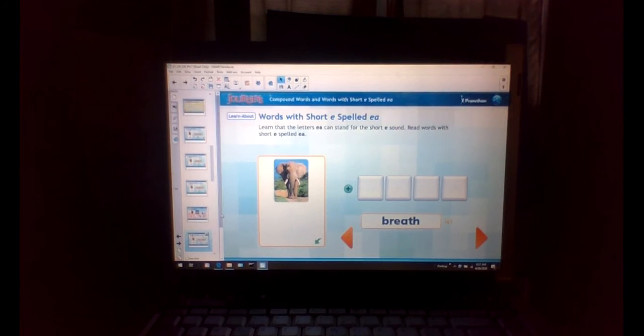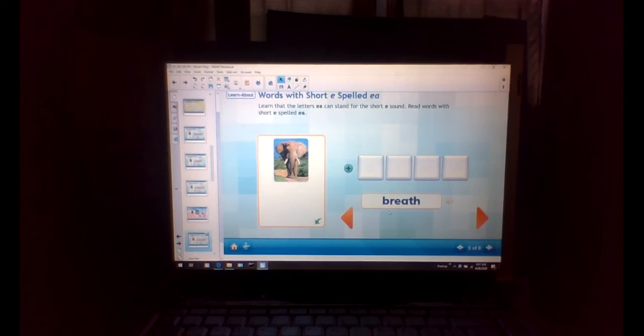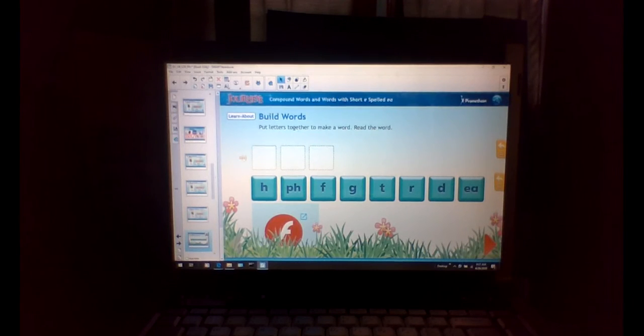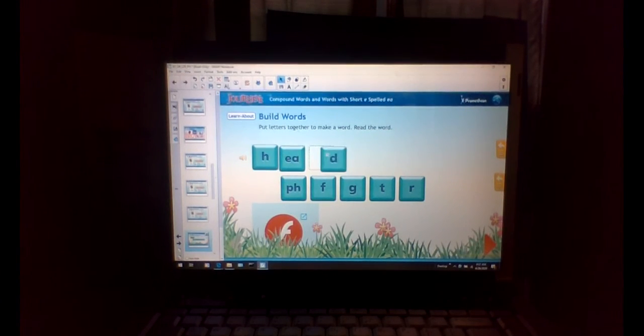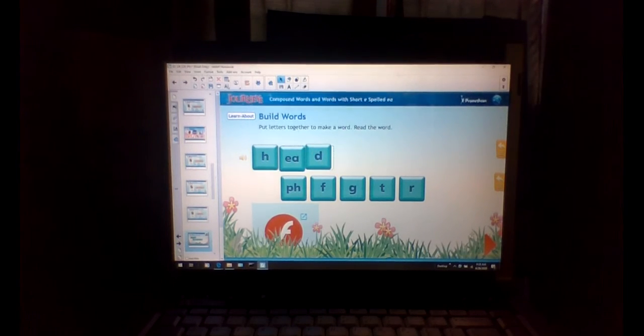All right, we're going to move on then and do another slide. Okay. So this one, we have to put the letters together to make a word. Head. Okay. So I hear H. I'm going to bring my E-A over, and I'm going to bring my D over. Head. Let's try another one.